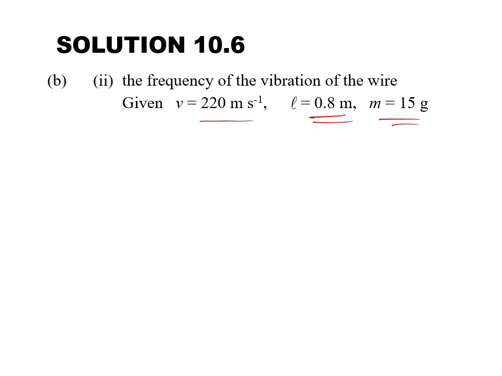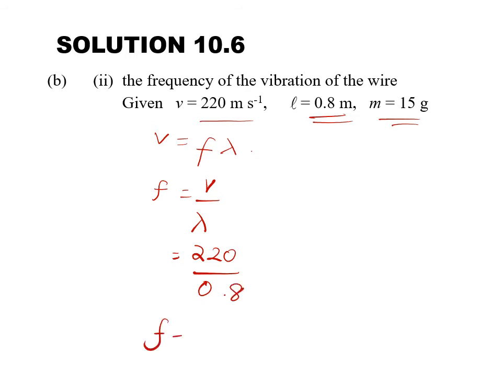Applying the formula of speed, v equals f lambda, rearrange to f equals v over lambda. So v now is 220 divided by 0.8 meters, and you will get the frequency 275 Hertz.